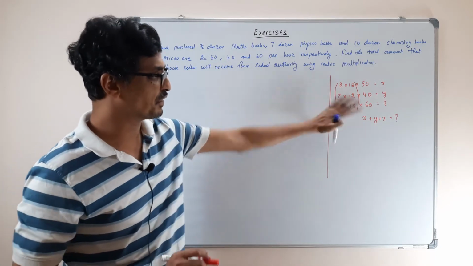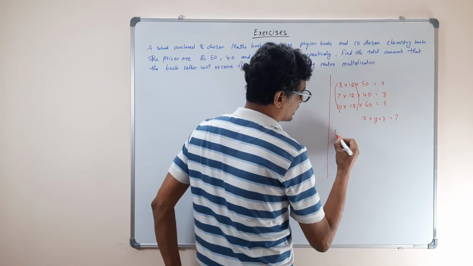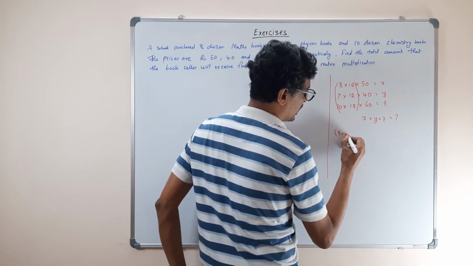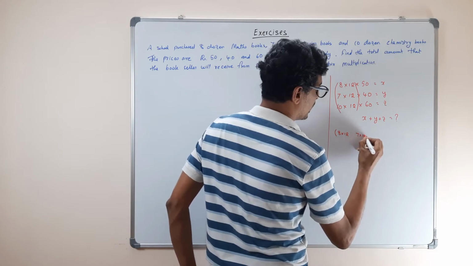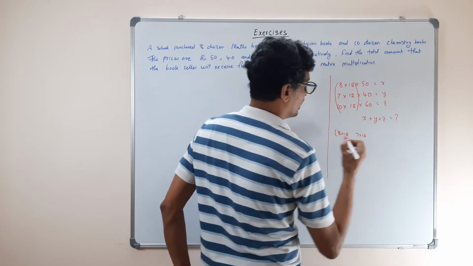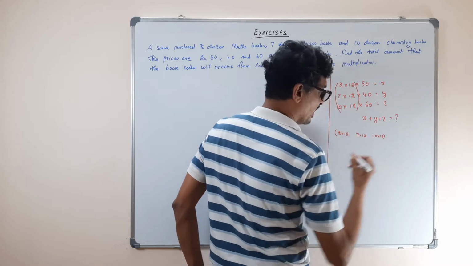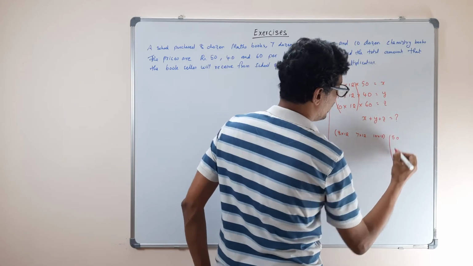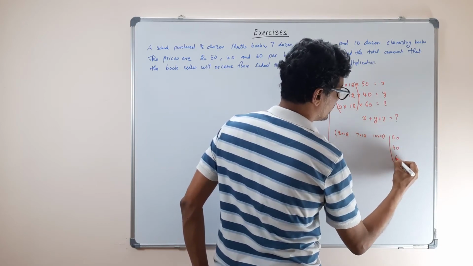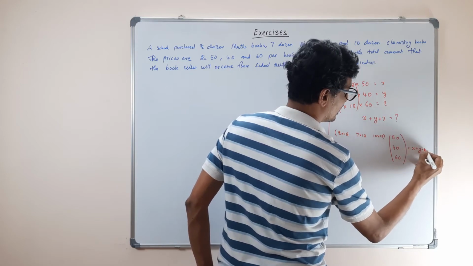See, you got this equation, correct? So what I should do, if I do it like this, 8 into 12, this is one element, 7 into 12, this is another element, and then 10 into 12, this is the other element, and if I write here 50, 40, 60, isn't the answer you get x plus y plus z?